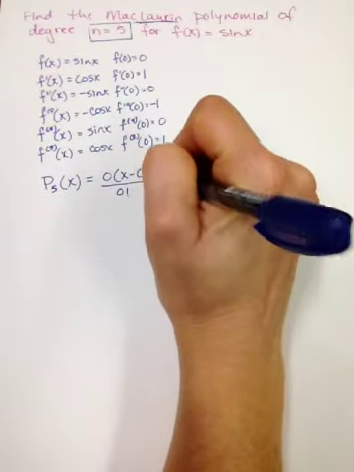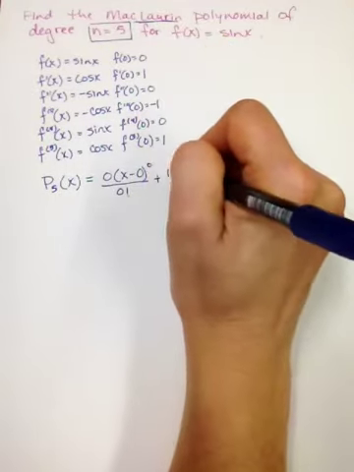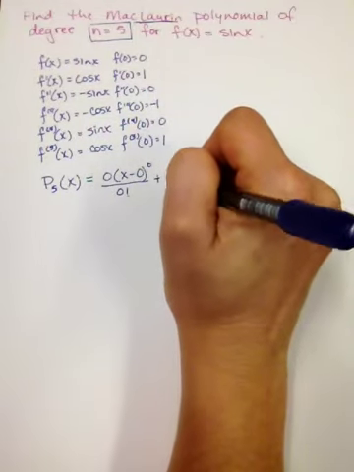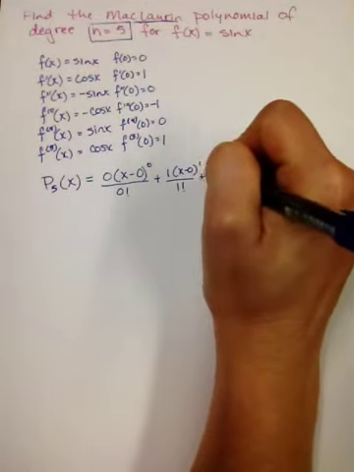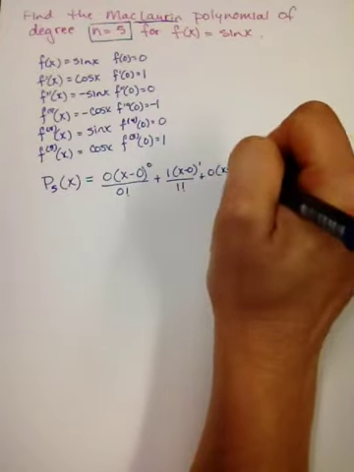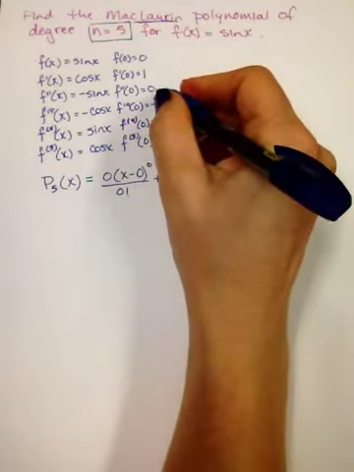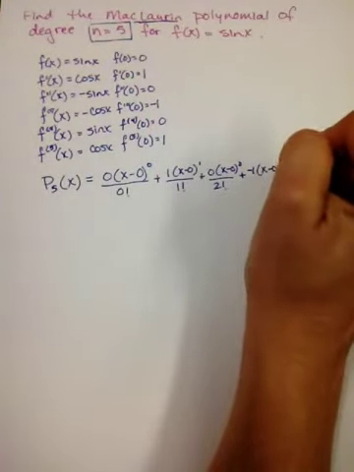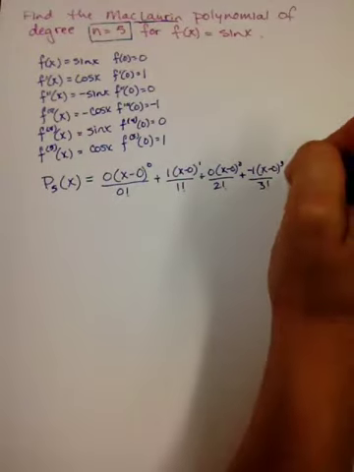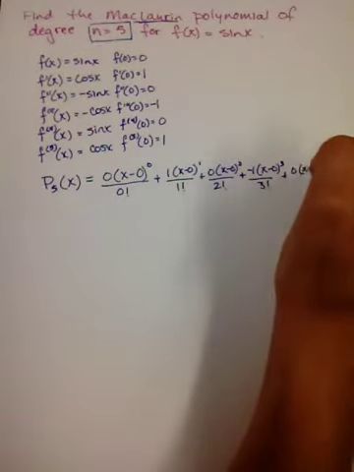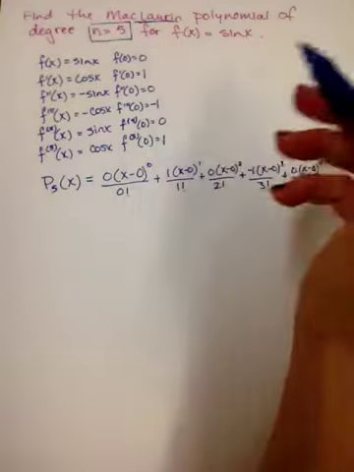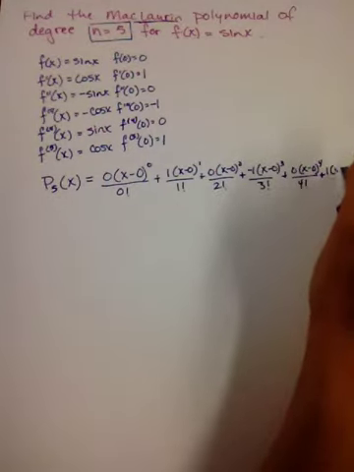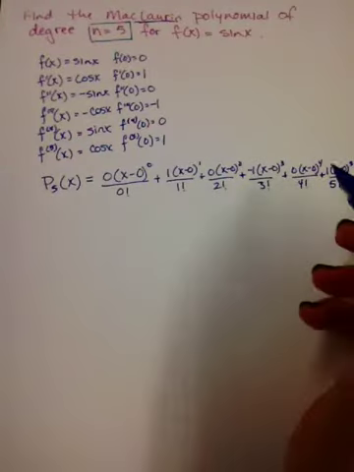Then I'm looking at my first derivative, so 1 times x minus 0 to the first over 1 factorial, plus 0 times x minus 0 squared over 2 factorial. The next one will be plus negative 1 times x minus 0 to the third over 3 factorial, plus 0 times x minus 0 to the fourth over 4 factorial. And then the final term begins with a 1, so plus 1 times x minus 0 to the fifth over 5 factorial. And then I'm going to simplify this.